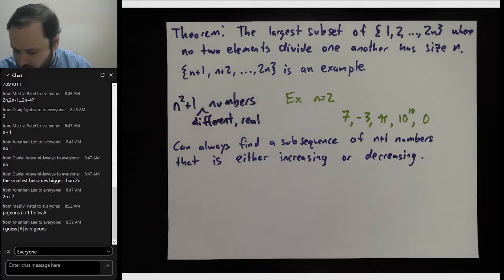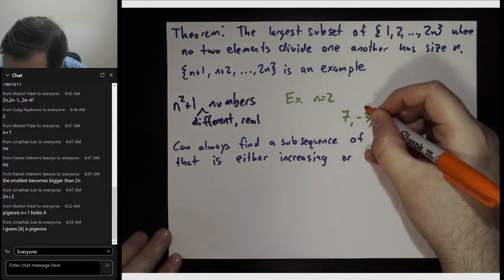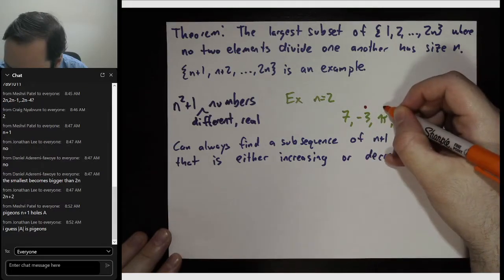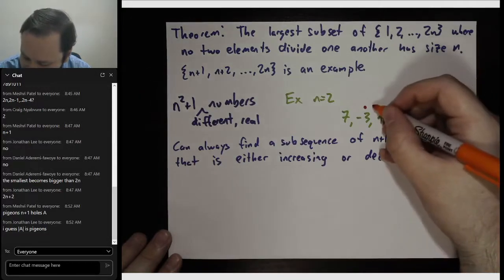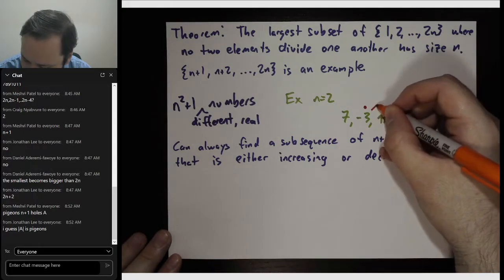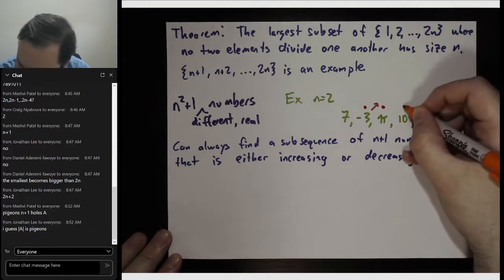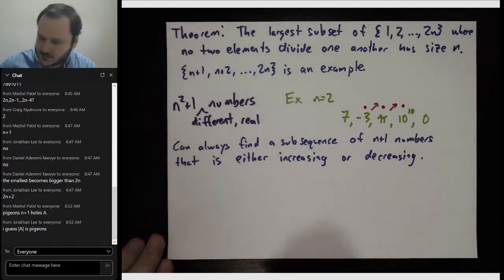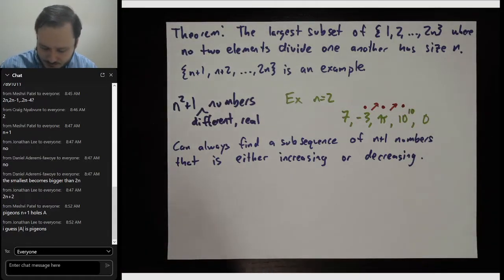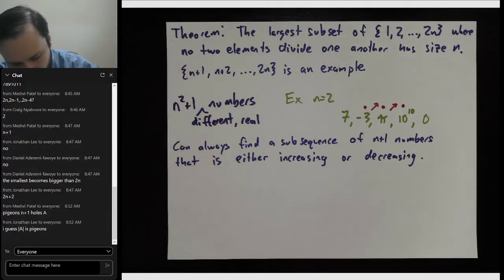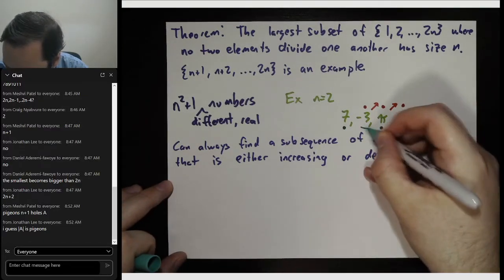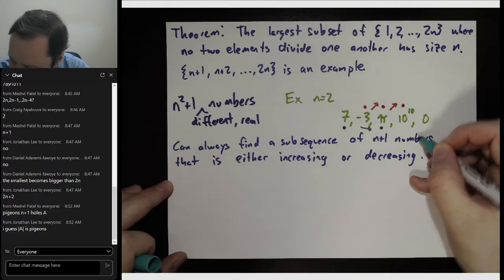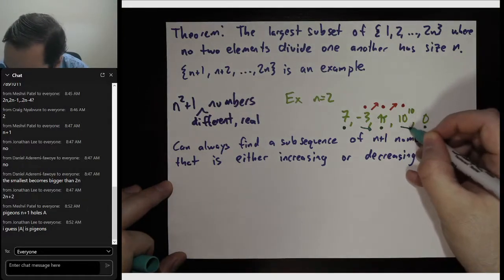I can start at -3, and then I can increase from -3 to pi. So this goes up. And then I can increase from pi to 10 to the 10. Or I could start at 7, decrease from 7 down to pi, and then decrease from pi down to 0.